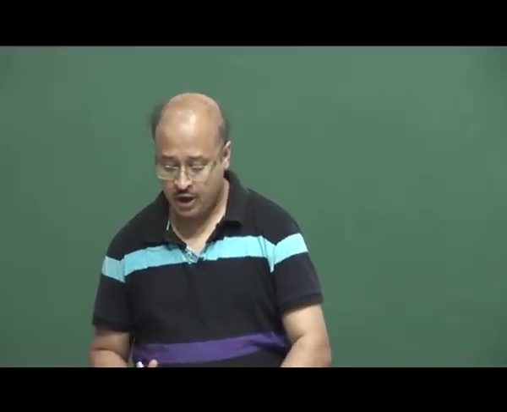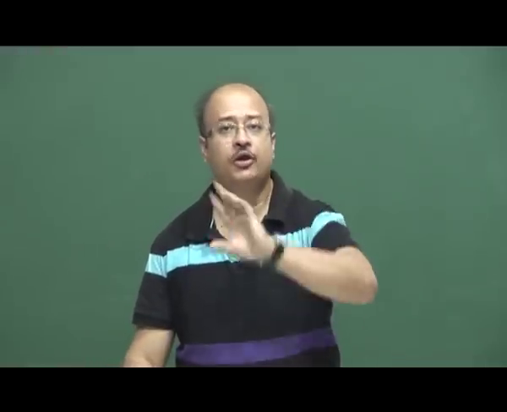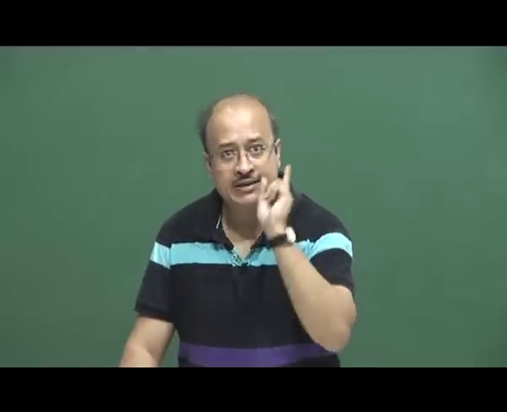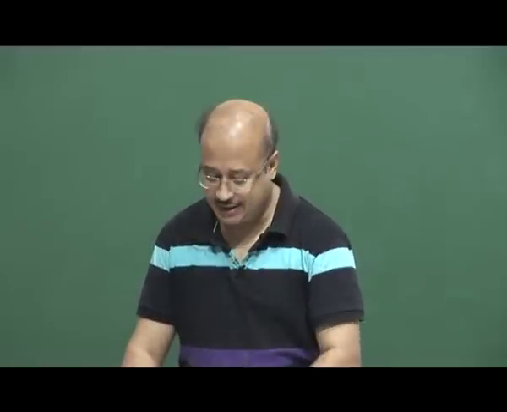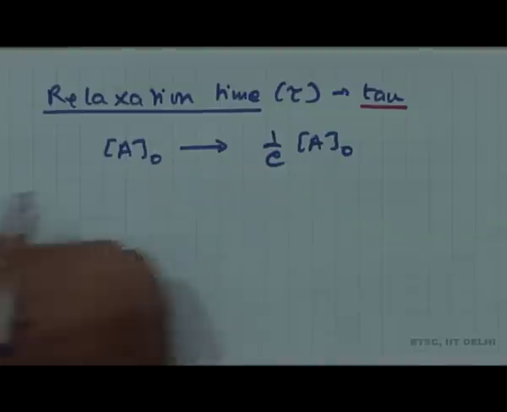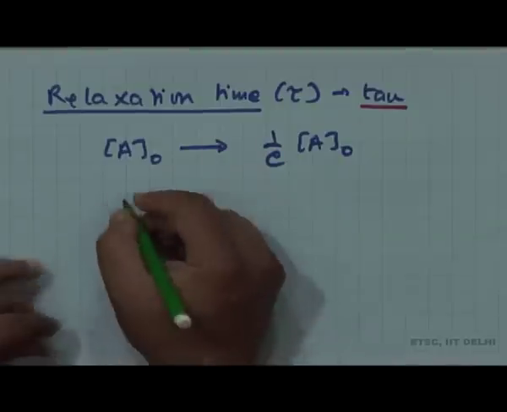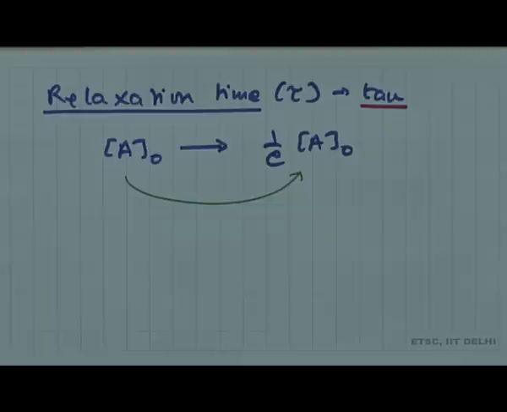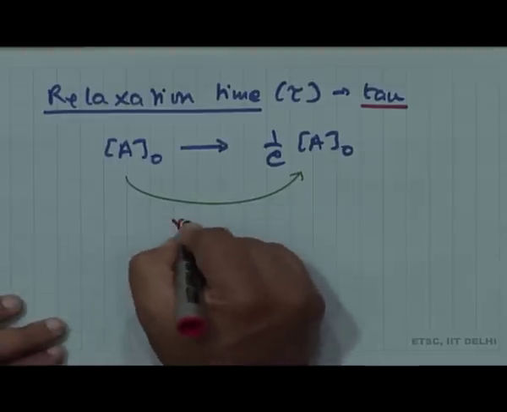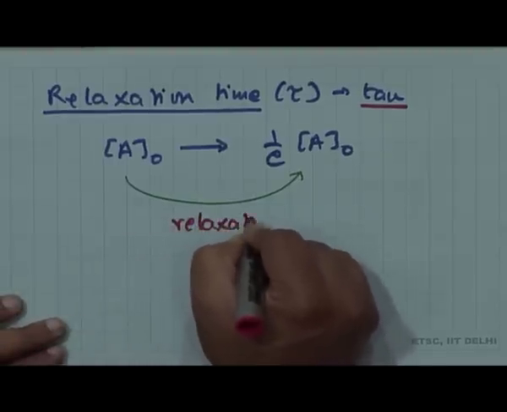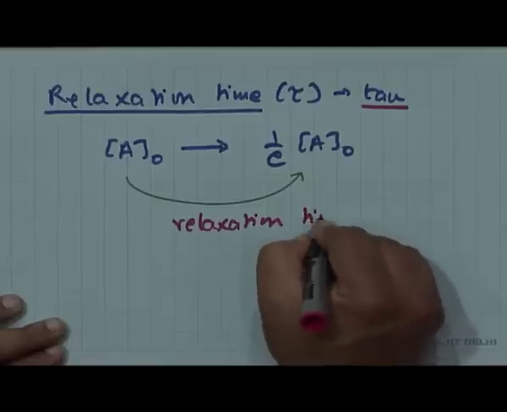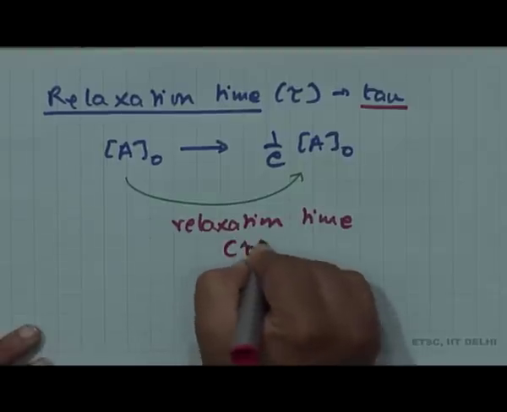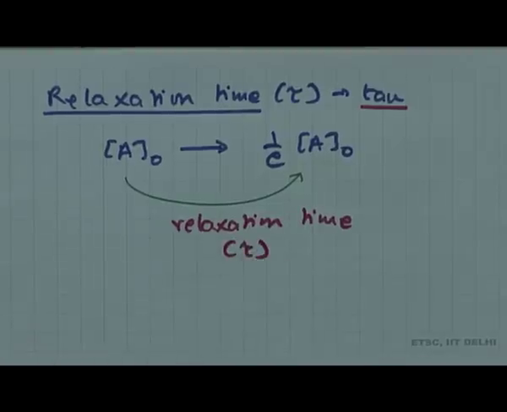Now, this 1 by e times the concentration A0 is important. Why? 1 by e is essentially the inverse of e, but what it tells you is that the time it takes for A to go to 1 by e of its original value is referred to as the relaxation time, which can be symbolized as tau.